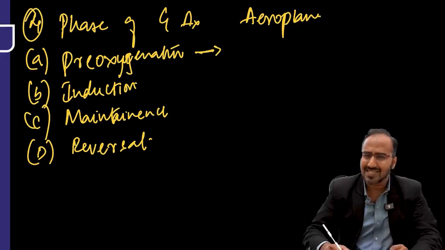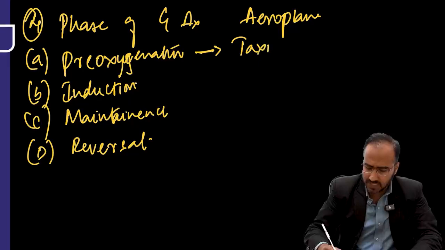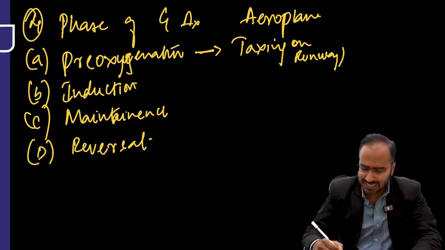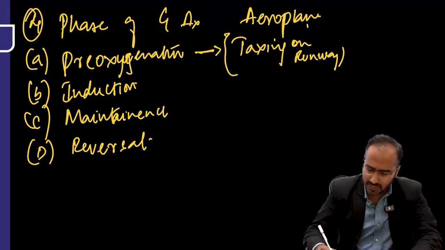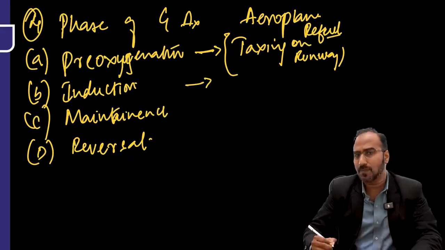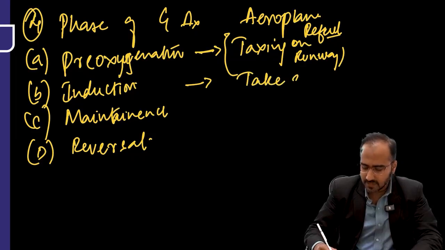It would be taxiing around the runway, where fueling is done. The aeroplane is refueled over here. Fuel is added. The second phase of the aeroplane is the takeoff phase.